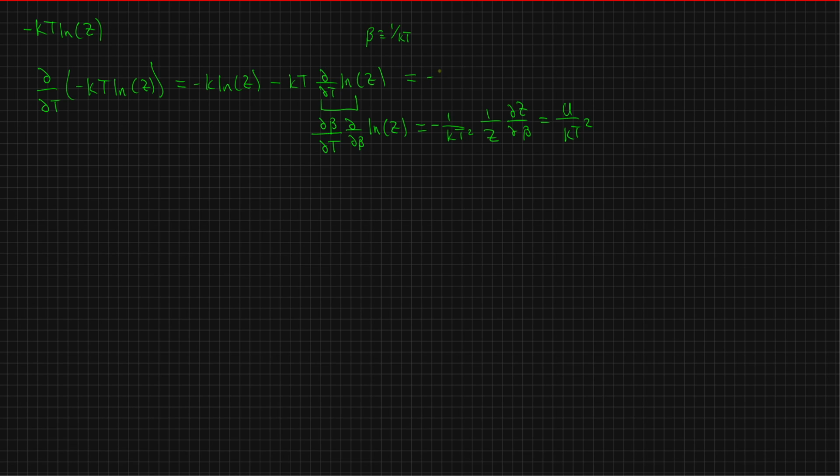We have minus k ln of Z minus kT all over kT squared times U. So this T cancels out, that k cancels out, and we just have minus k ln of Z minus U all over T.